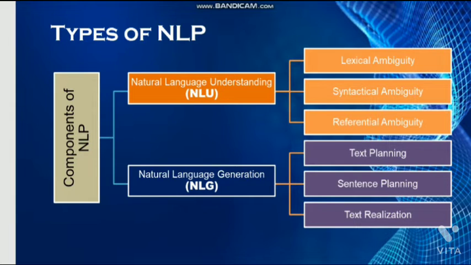The NLU is further divided into three parts: the first is lexical ambiguity, the second is syntactical ambiguity, and the third is referential ambiguity. NLG is also divided into three processes: text planning, sentence planning, and text realization.